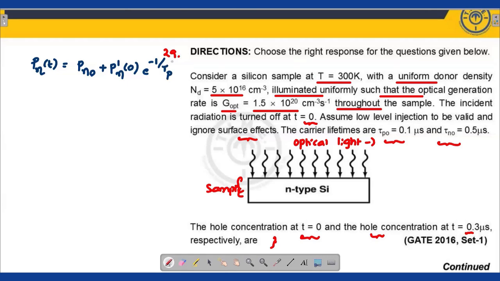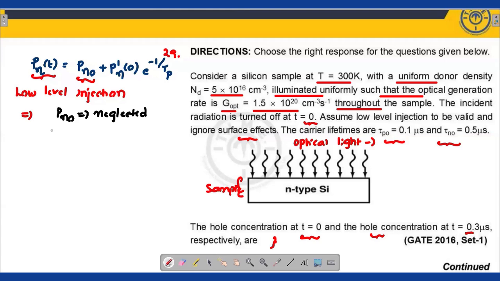Low level injection. Under low level injection, this term is ignored. In this expression, this particular term is neglected.